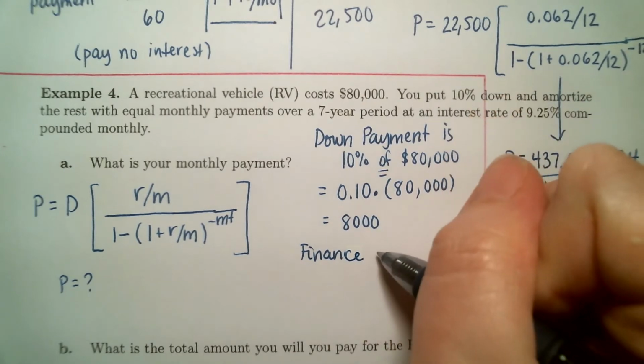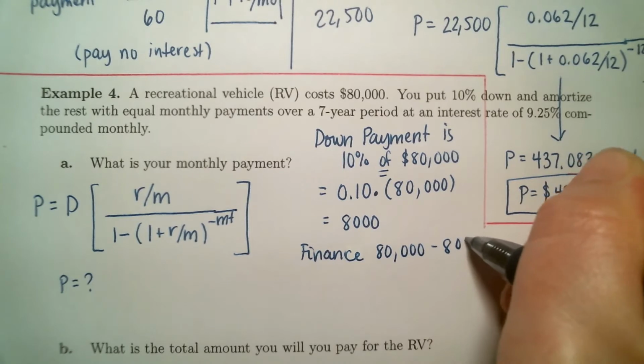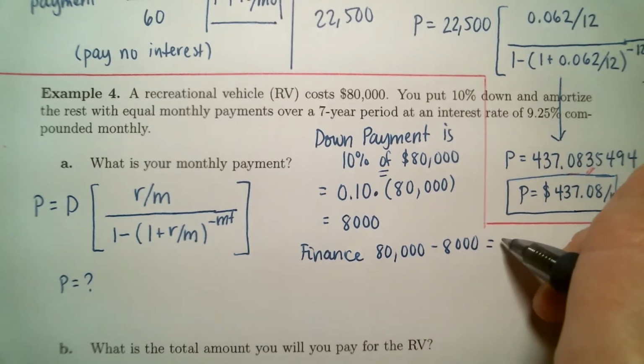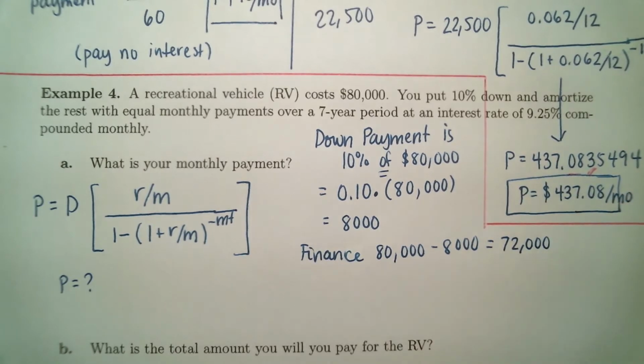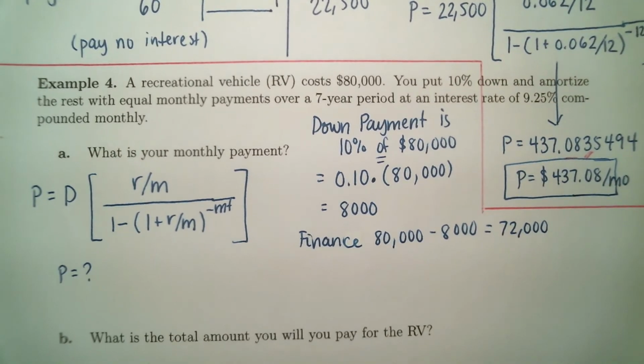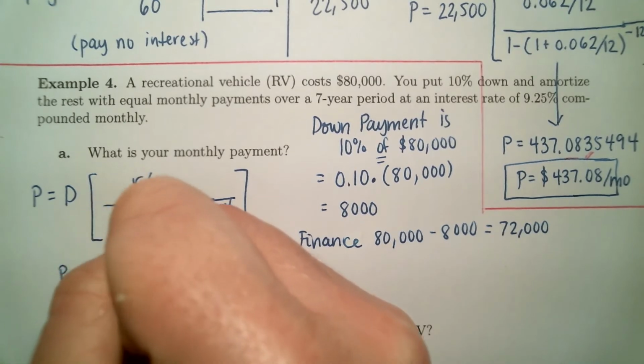So you're going to finance 80,000 minus 8,000. You're going to be financing a grand total of $72,000. That is your debt, because that is the amount that you are financing or paying interest on. So D is 72,000.